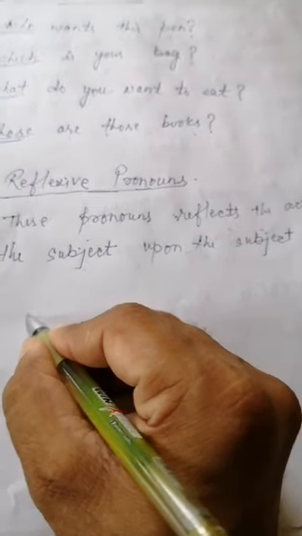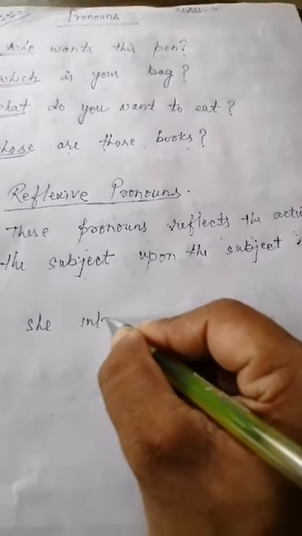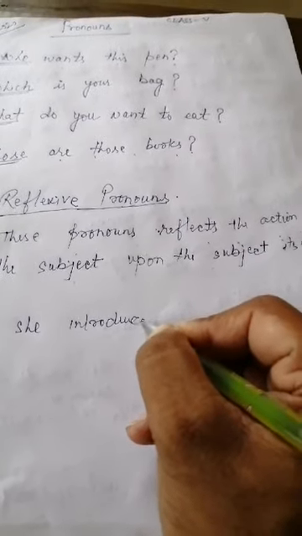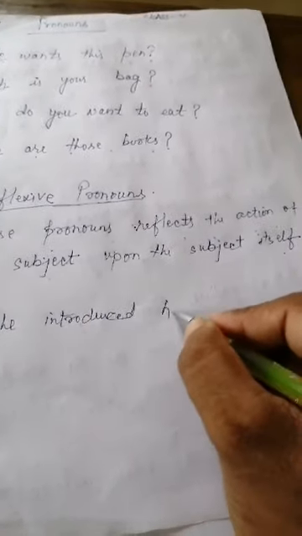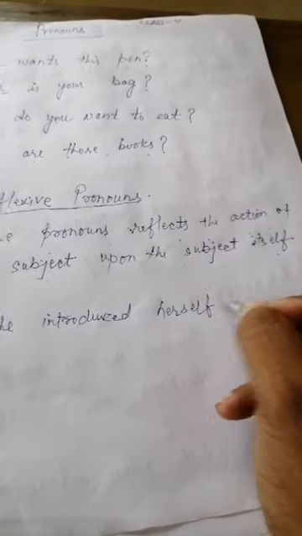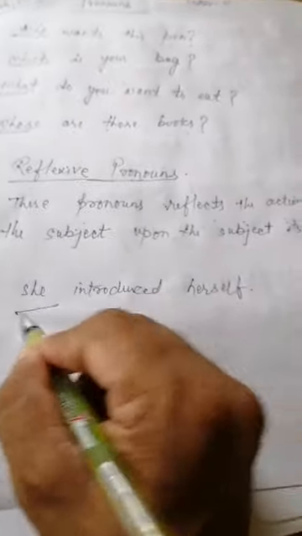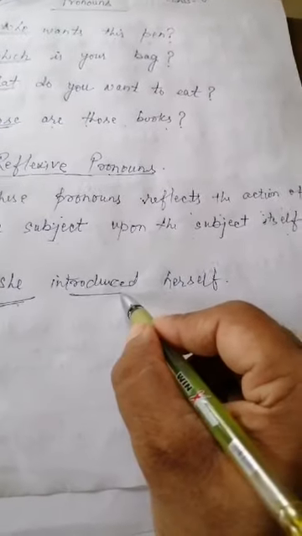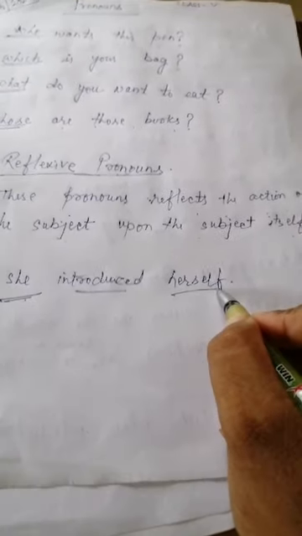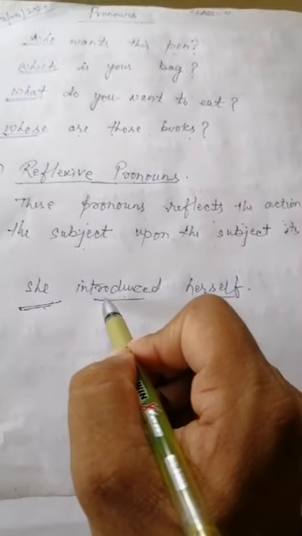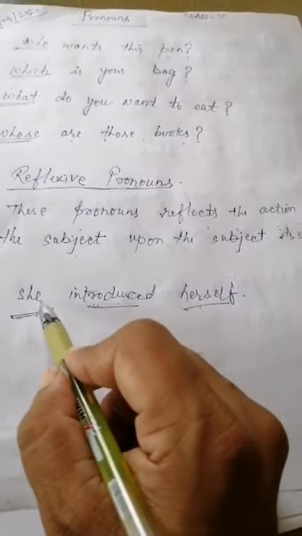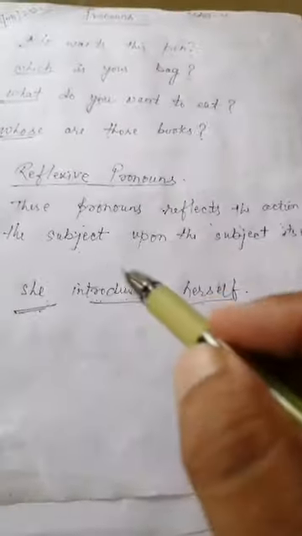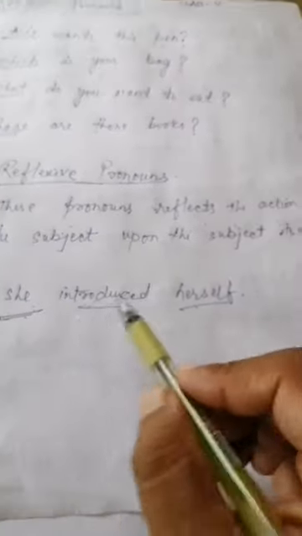Now the example is, she introduced herself. Now see here, she is the subject, introduced is your verb, and herself is your object. Now see here, she introduced herself means the action of the subject is reflected upon itself, she introduced herself.